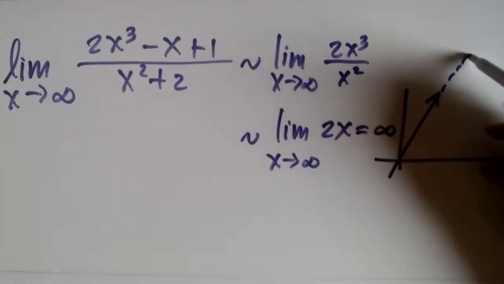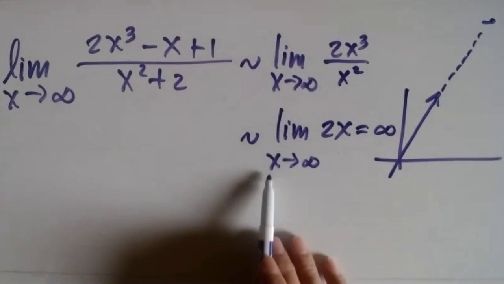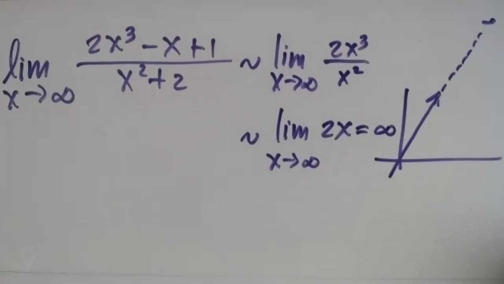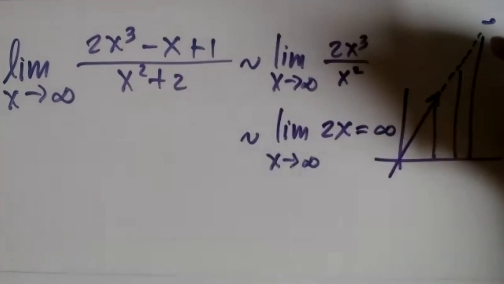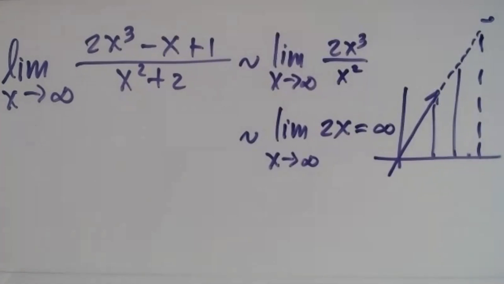This line goes forever, correct? So, to infinity. So the limit when the x increases of this function is infinity, correct? Remember that this is the behavior. You increase the x, you increase the f(x), okay? So that's the idea, okay?